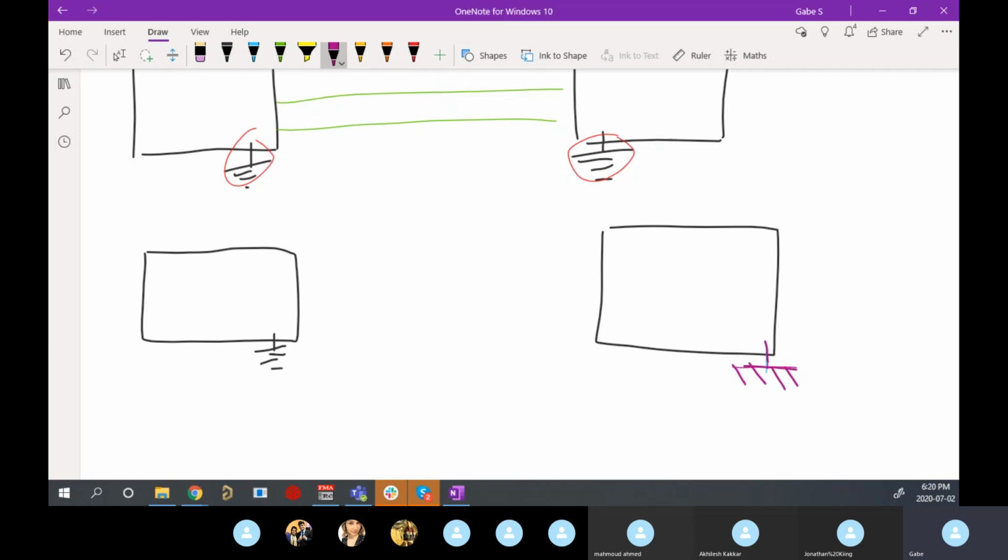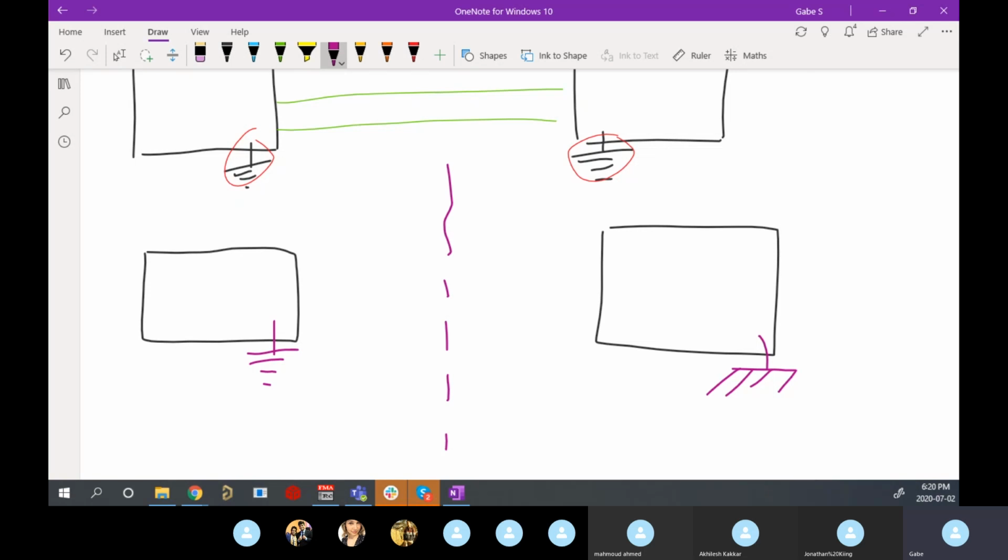There are different symbols for ground sometimes, but it just depends on what you're looking at. So I have 2 different grounds. This one's very ugly, but I don't want them to be connected in this situation, because I want these systems to be completely isolated from each other.